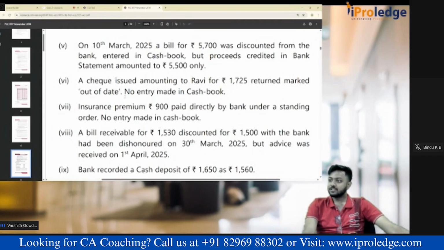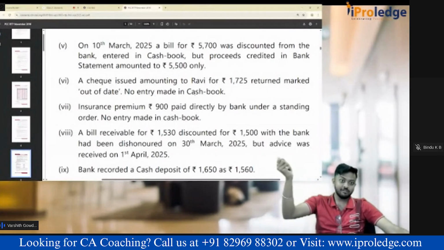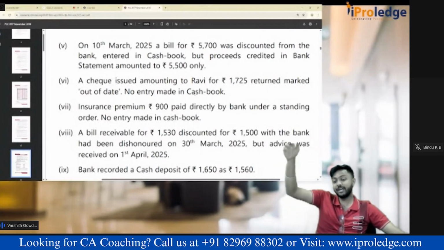Next. Check issued to Ravi for 1,725 returned marked out of date. No entry made in cash book. We had given one check to Ravi. Ravi is holding that check, and he has given it to the bank for the money to come to his bank.